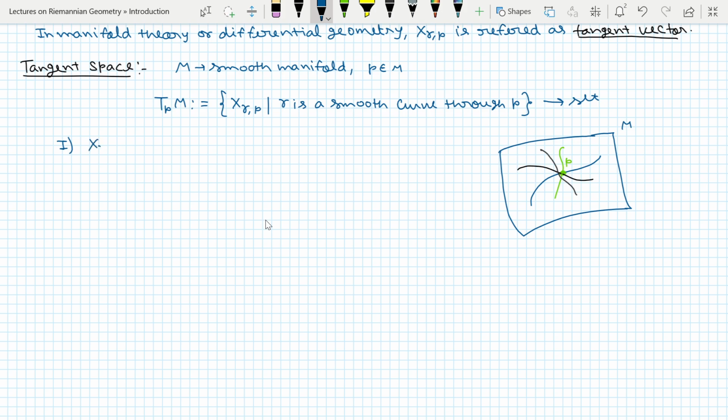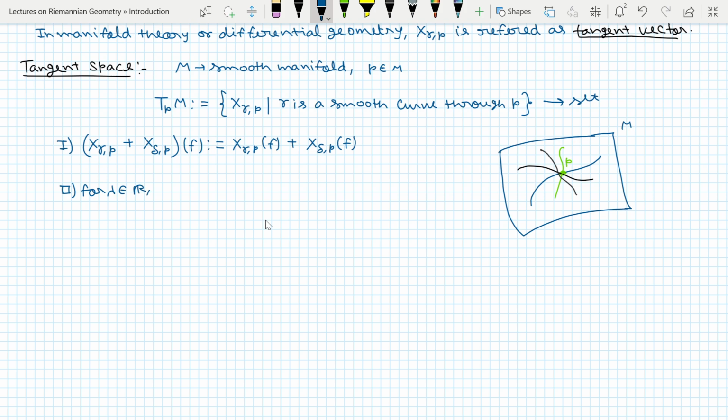We take two curves, X gamma P and X delta P, and they operate on f. We define it as X gamma P acting on f added to X delta P acting on f.